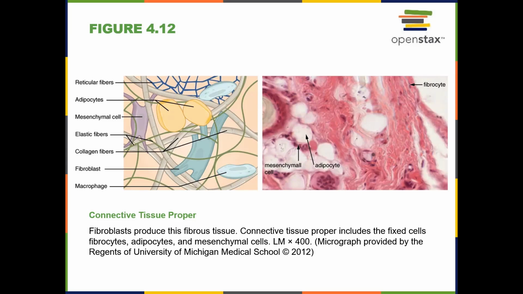Other cells of connective tissue proper include adipocytes that store fat and provide cushioning, and leukocytes, or white blood cells, that defend against infection and help to clean up debris and damaged tissue.